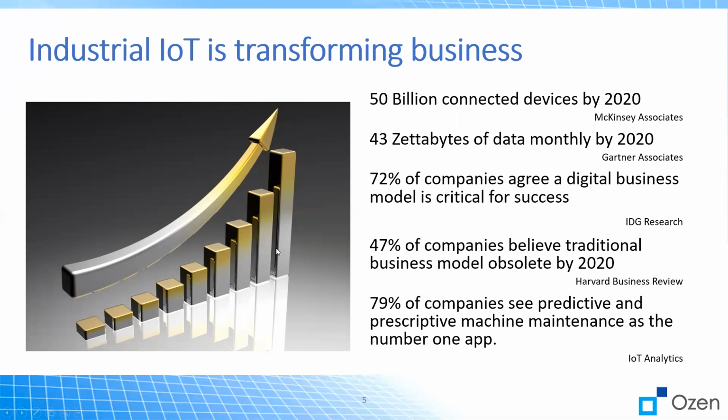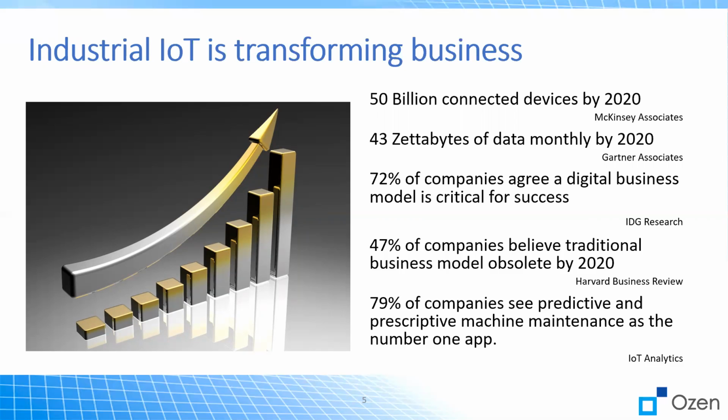Industrial IIoT is transforming business in recent years. There will be 5 billion connected devices by 2020. There will be 43 zettabytes of data monthly by 2020, and 72% of companies agree a digital business model is critical for success. So everything is going in that direction. These are from very reliable resources.